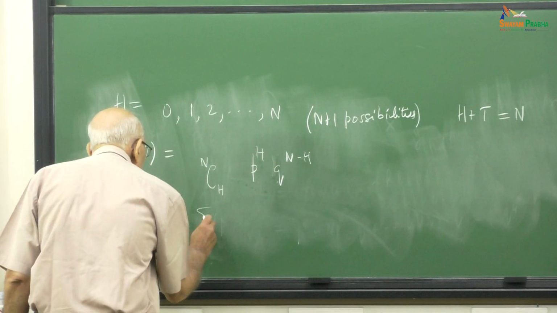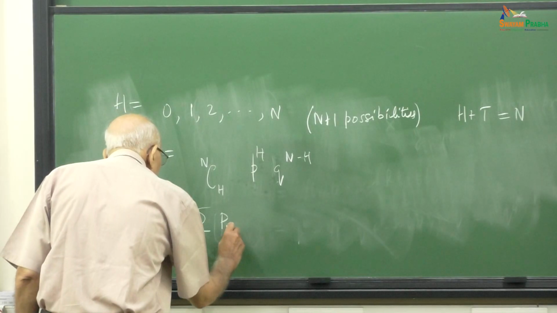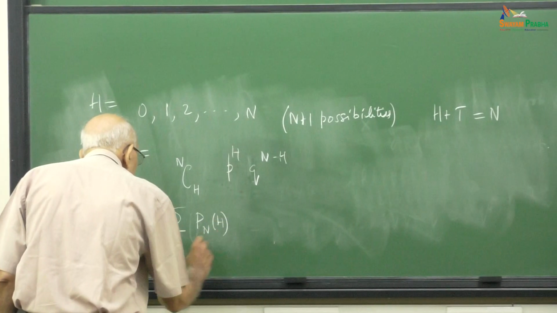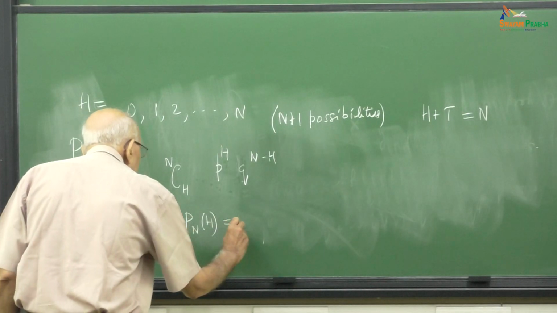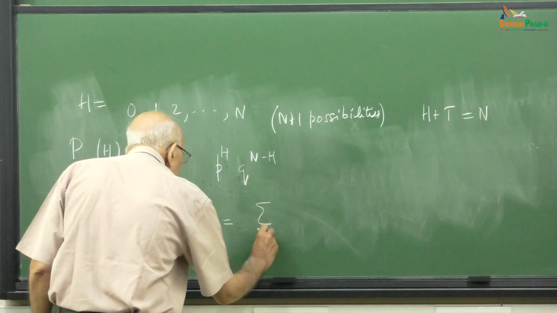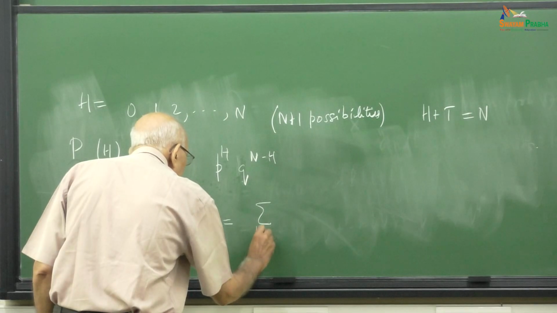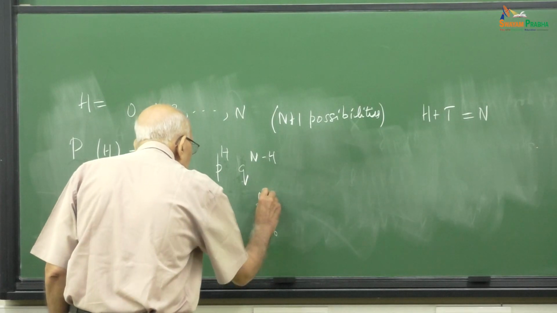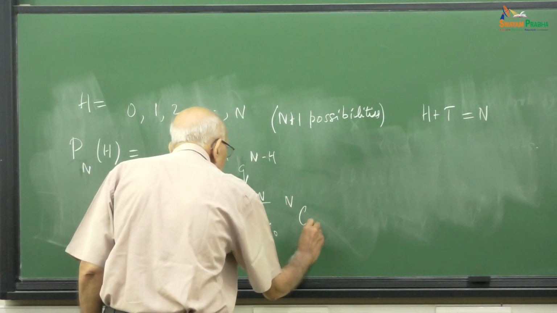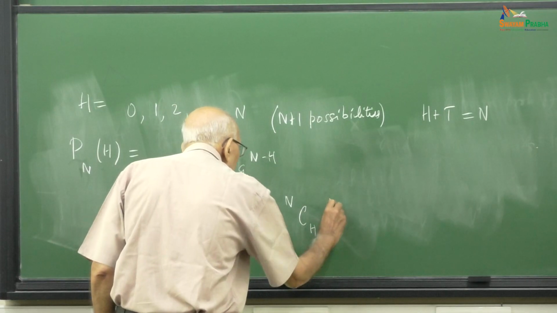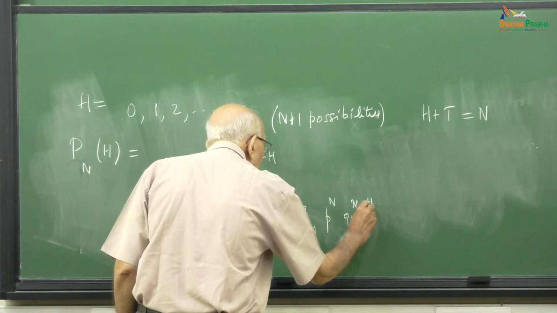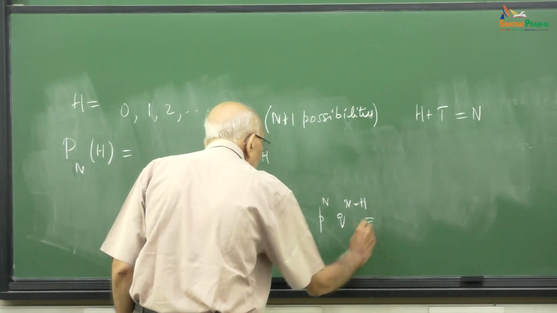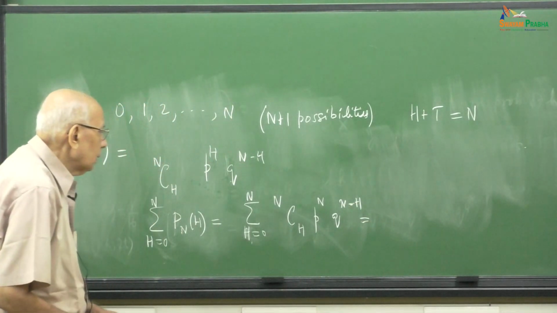if I sum Pn(h) from h equal to 0 up to n, this is equal to what?